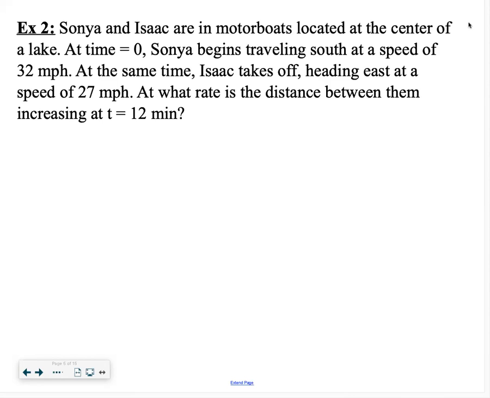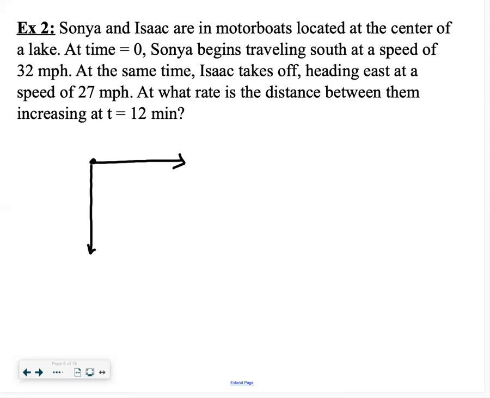Okay, let's draw this. We're starting at one spot and she's heading south at a rate of, I can't see it on mine, so let's look at this, 32 miles per hour. So first let's draw the picture first. And he's headed east, okay? So you've got these boats heading in different directions.